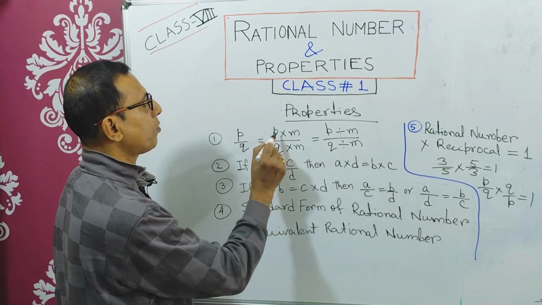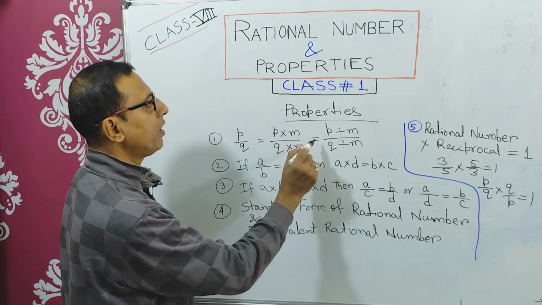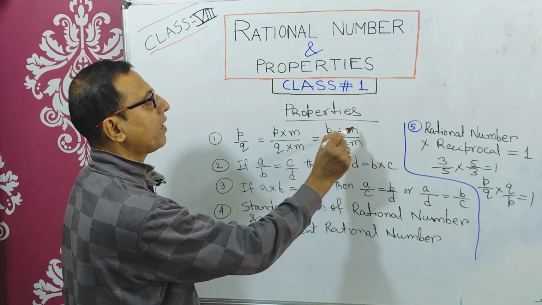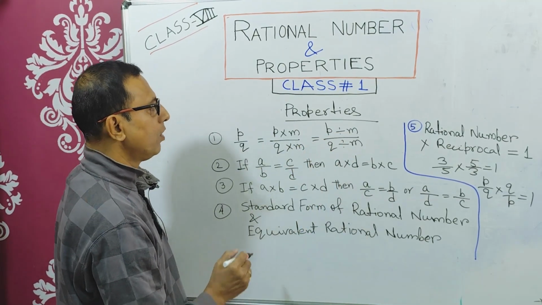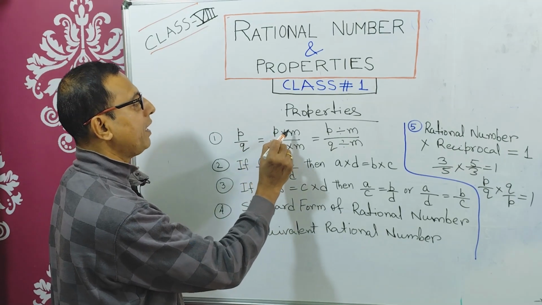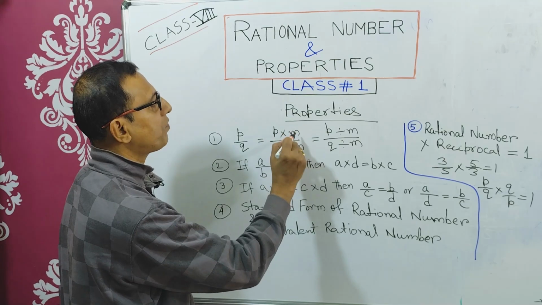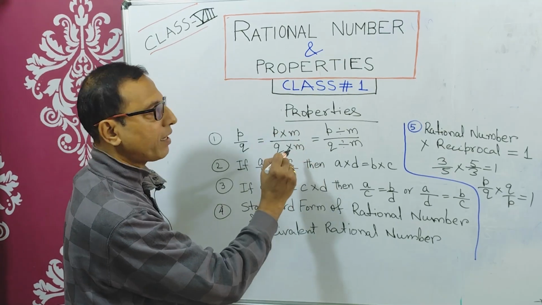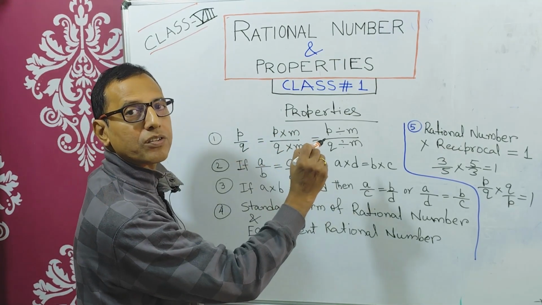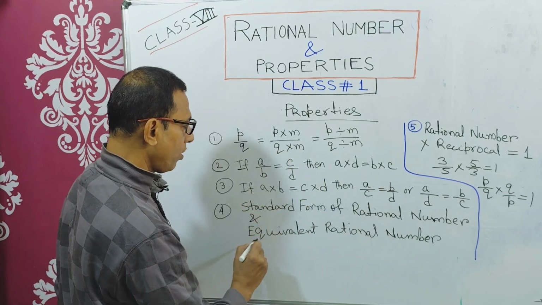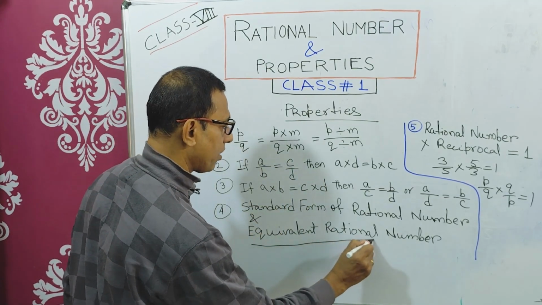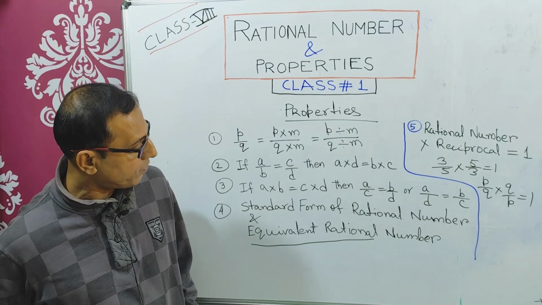So p by q equals p into m by q into m, or p divided by m by q divided by m. If you multiply with different values of m, all the different rational numbers you get are called equivalent rational numbers.